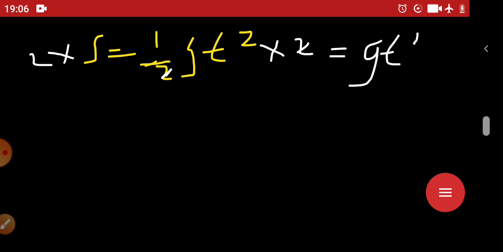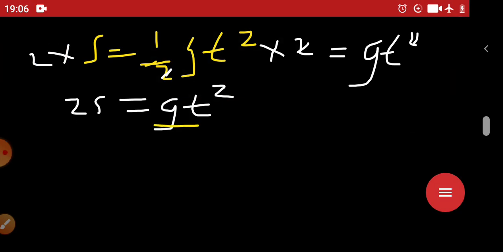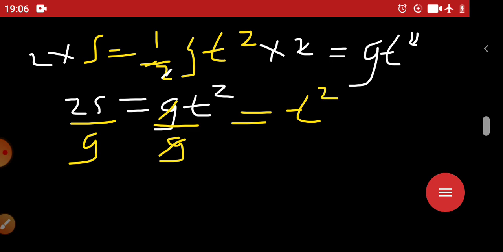Now remember, we want to make t the subject of the formula. So we have 2s is equal to g t squared. It will be convenient to divide by g, because the g is multiplied. Then this side we are left with t squared.